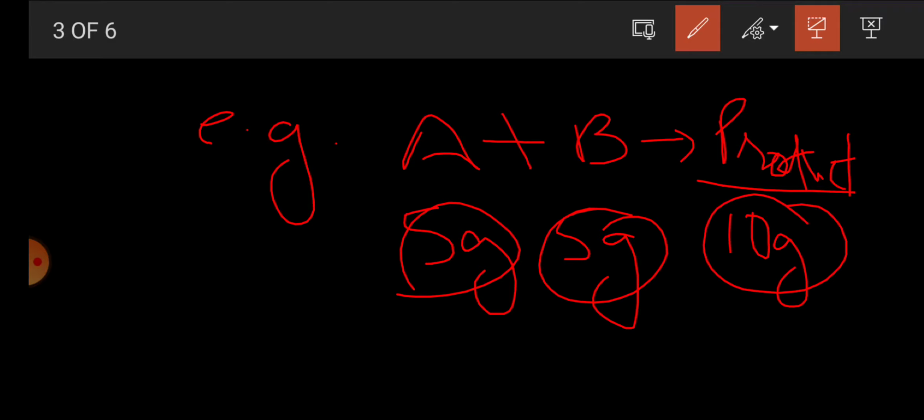Mass does not change. Reactants are changing into the product, but mass is not changing. The mass of the first reactant and the mass of the second reactant are added to give the mass of the product, which will be 10 gram.